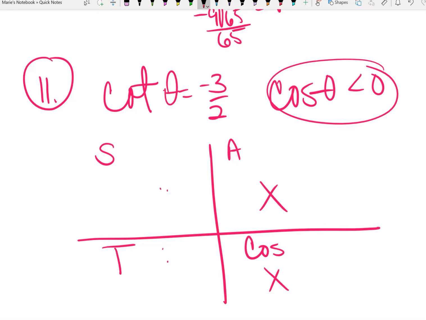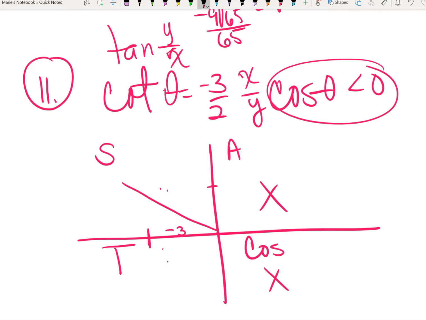In cotan, remember tan is y over x. So this is x over y. So that means that x is negative. X would have to be the negative 3. Y would be positive.